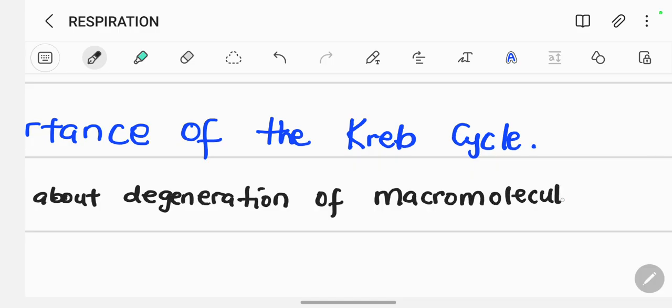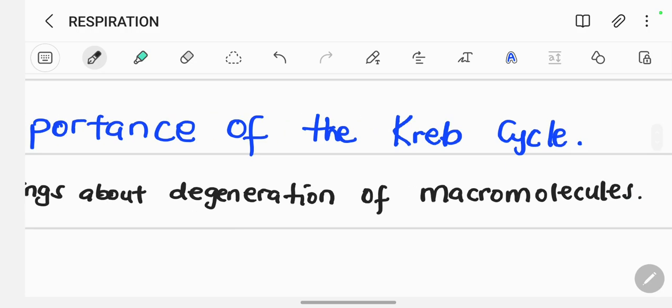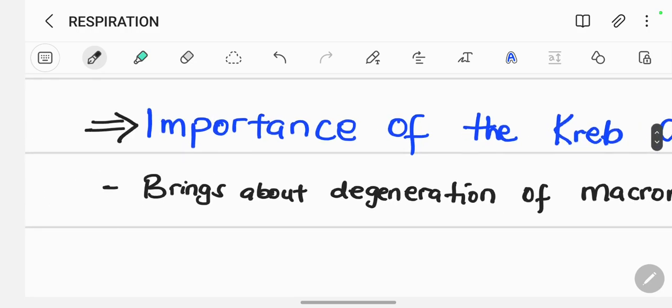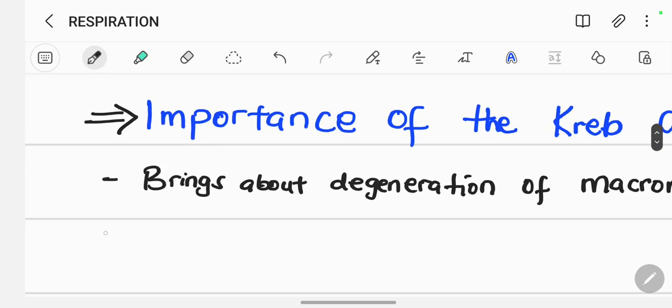It brings about breakdown of large molecules into smaller molecules. That's catabolism. Then it provides the reducing power for the electron transport system.